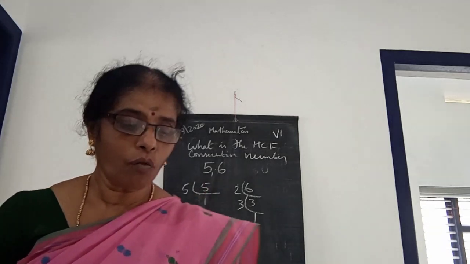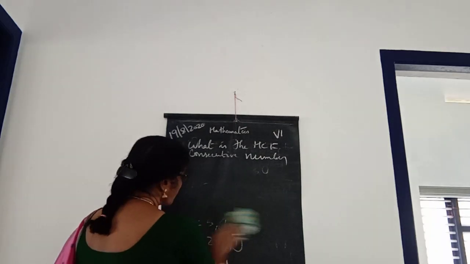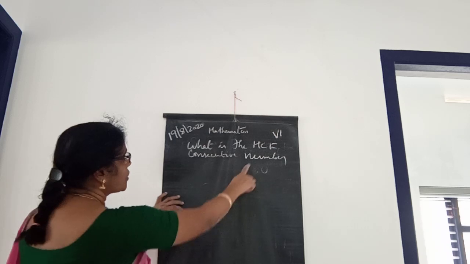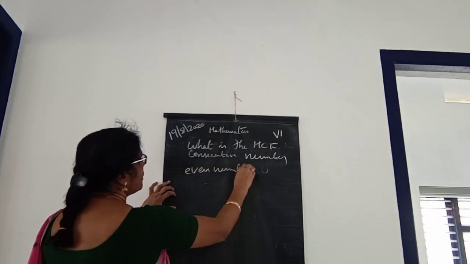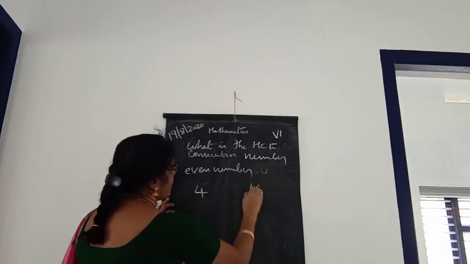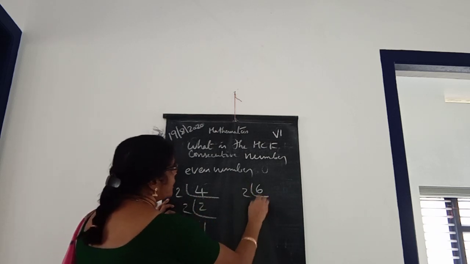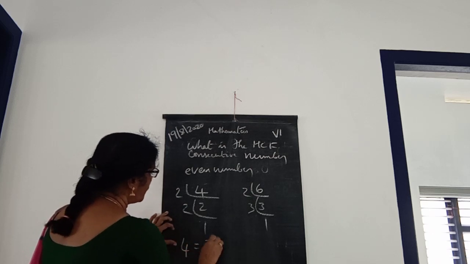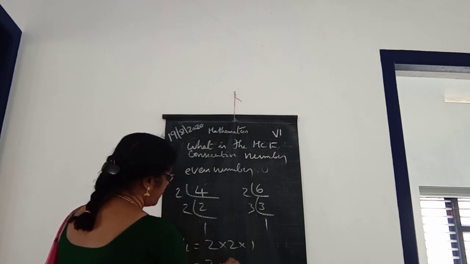And next question, what is the HCF of two consecutive even numbers? Even numbers we can take, tell me, 4 and 6. 4 is equal to 2 into 2 into 1. 6 is equal to 2 into 3 into 1.